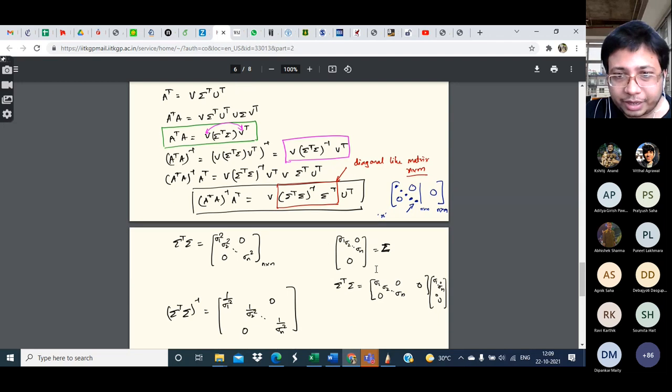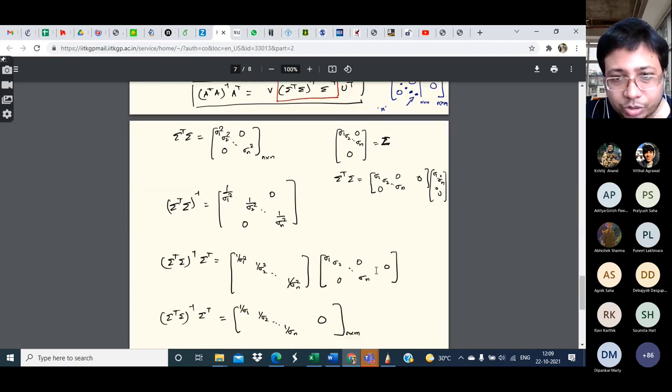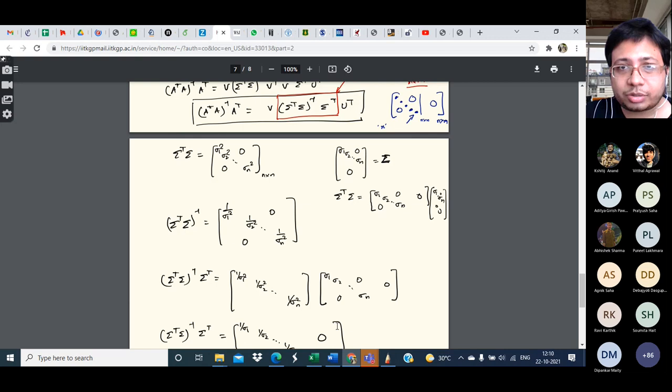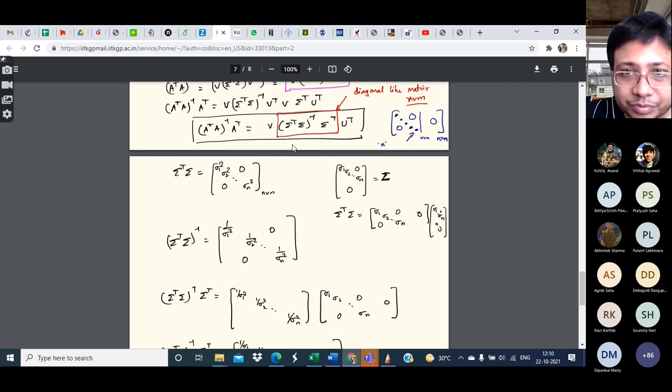For the paucity of time, I'm not showing all the steps, but you can verify that if you multiply it with sigma transpose, this is what you will get: not a diagonal matrix, but an n cross m matrix whose diagonal elements are 1 by sigma 1, 1 by sigma 2, up to 1 by sigma n. So this is what you will finally get.